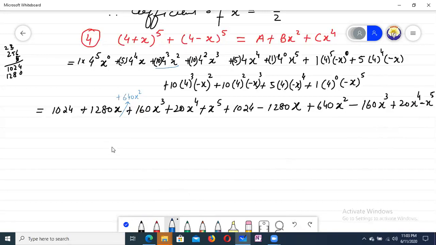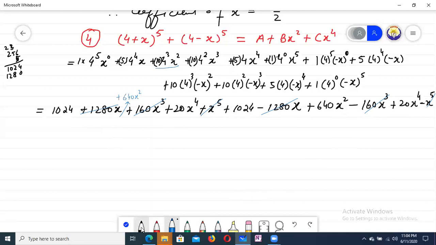Now we'll check which term we can cancel. As here is 1280x and minus 1280x, this and this can cancel. Then plus 160x cube and here minus 160x cube. Here x raised to the power 5 and here minus x raised to the power 5.